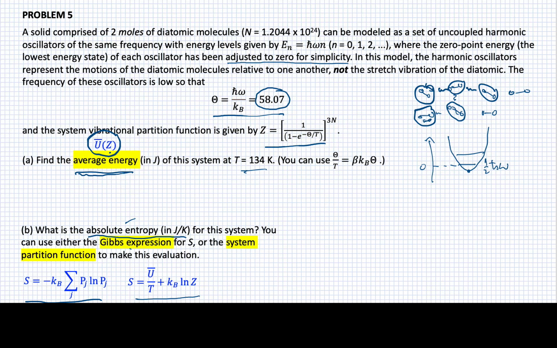The system partition function is something that we derived in one of the lessons, and so is the Gibbs expression. Note that in the Gibbs expression you will need to utilize an expression for the probability of being in the jth state. So obviously that will be something like e to the minus beta Ej over the partition function. Okay, so use the one you like the best.